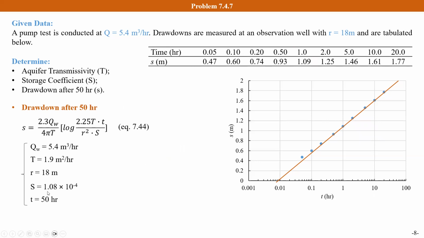The storage coefficient is 1.08 times 10 to the power of minus 4. And because the t here is after 50 hours, it equals 50 hours. Then we can get the result. The drawdown after 50 hours is 1.97 meters.